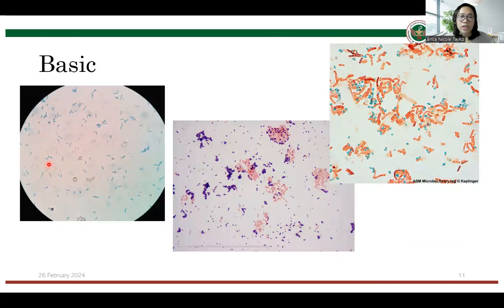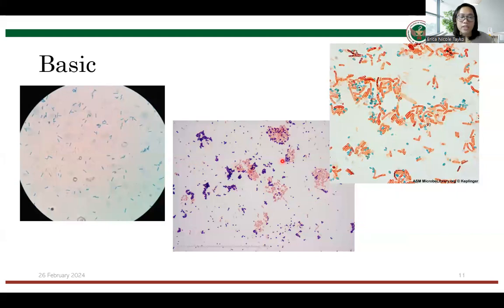This one shows some examples of pictures wherein we used basic stains. Since this is blue in color, possibly methylene blue was used here. As you can see, the cells themselves are the ones that are colored, and the background is colorless.